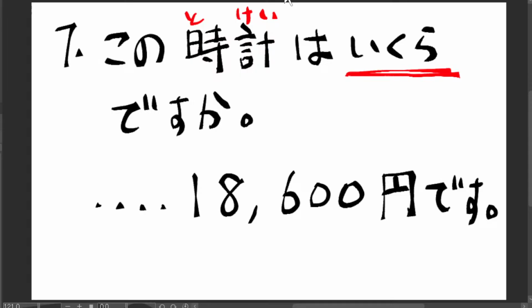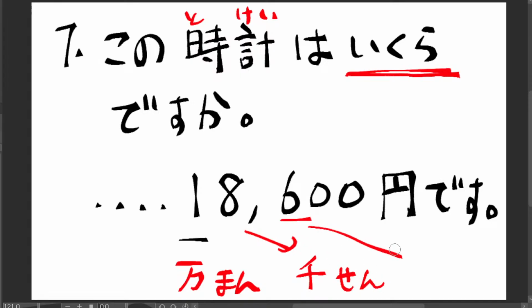Okay. So the answer is here, 18,600円です。 So this is 10 of a thousand. 10,000 is read as man. Okay, this is the kanji. And then thousands are read as sen.